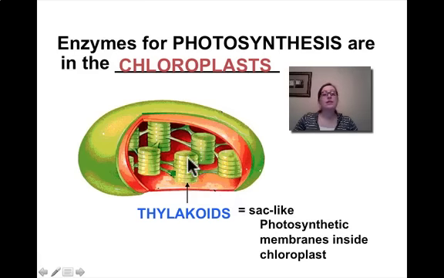These thylakoids are wrapped in a membrane where photosynthesis can occur, and they are found within the chloroplast. So we have the outer membrane of the chloroplast, and then the red is trying to show the inner membrane of the chloroplast. But in addition to that, here is where we have all of the photosynthesis activity occurring.